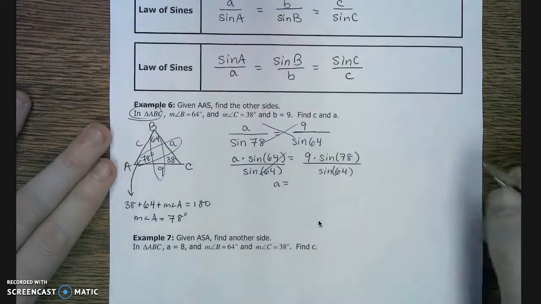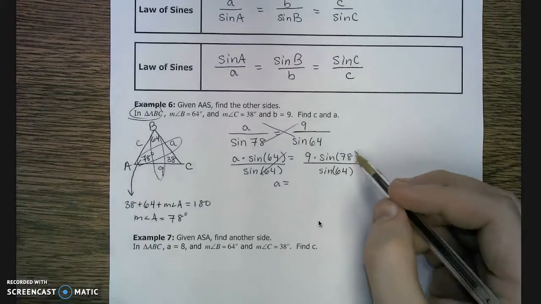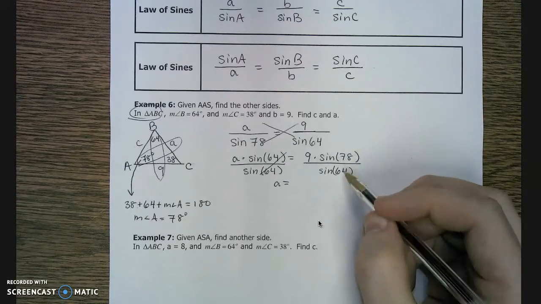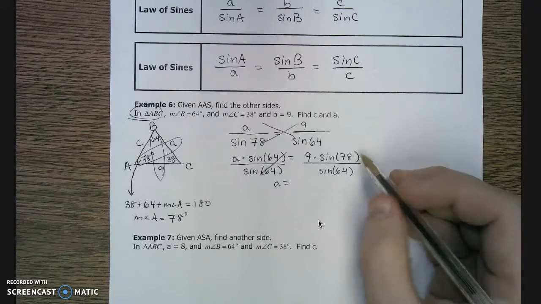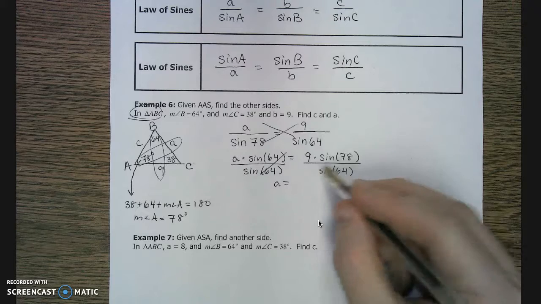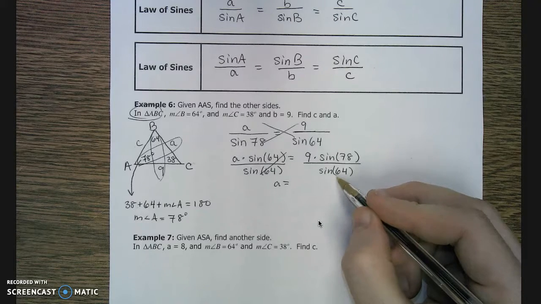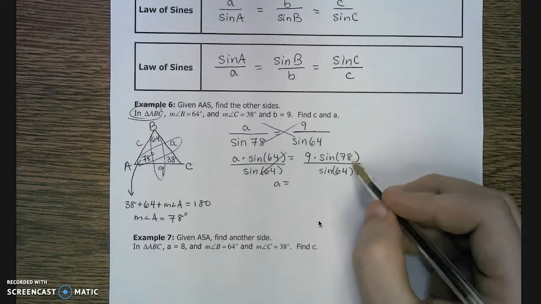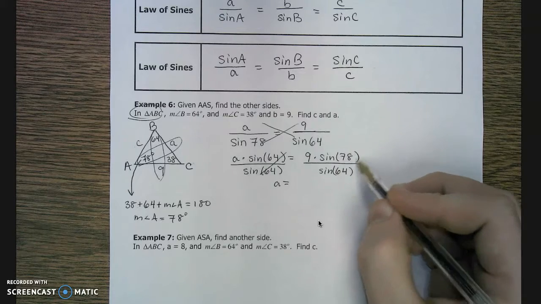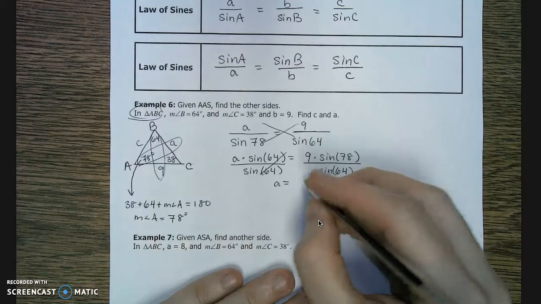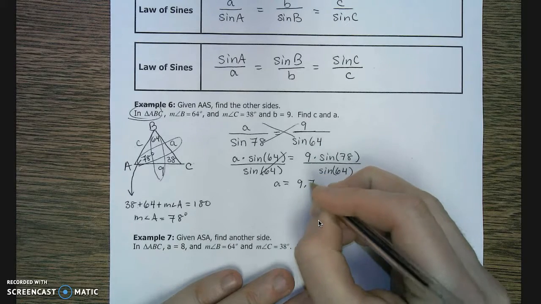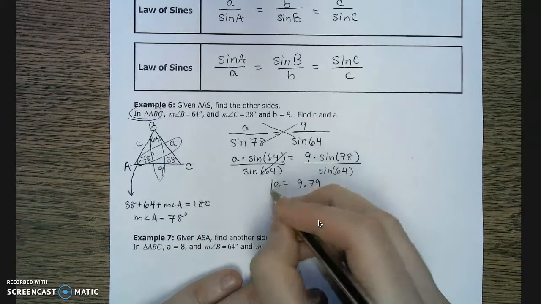Make sure that when you type this into your calculator, you're in degree mode. Also, if you open up a set of parentheses here, you have to close it before you can divide by sine 64. Otherwise, you're going to divide inside of the parentheses, and you want it to be after the sine of 78. So you should get 9.79 for side a.